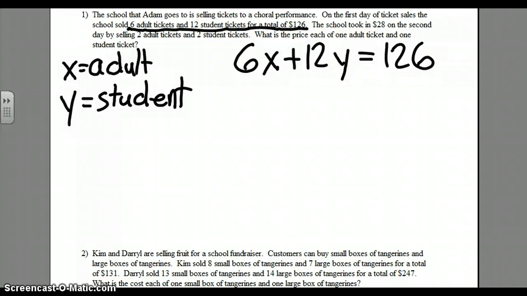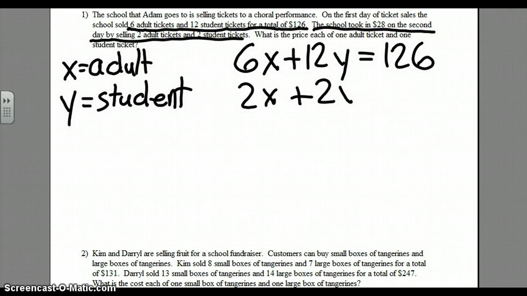Our second equation is going to come from here. The school made $28 selling 2 adult and 2 student, and that brought in $28.